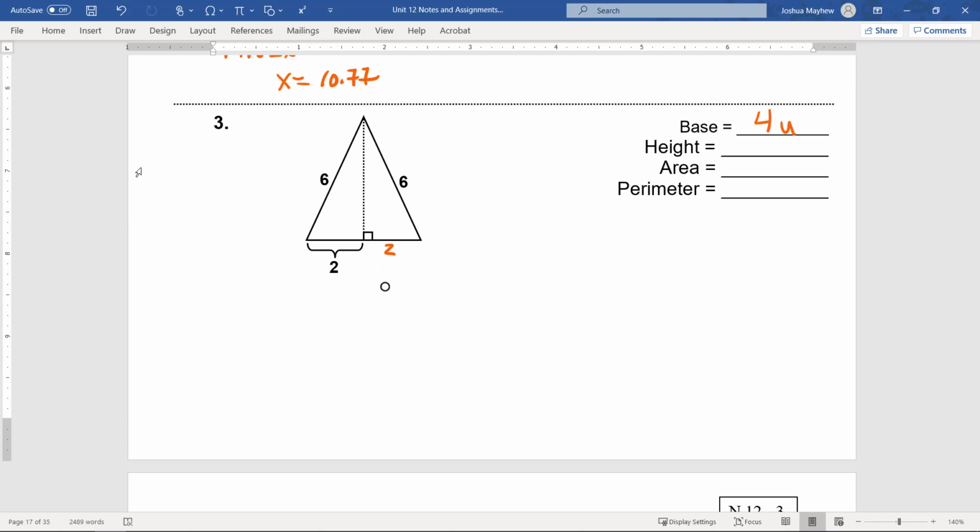Now we need the height. Okay, we do need the height. Well, we need to find the height. I'm going to name it h by using the Pythagorean theorem. 2 squared plus h squared equals 6 squared. Okay, well, that's 4 plus h squared equals 36.